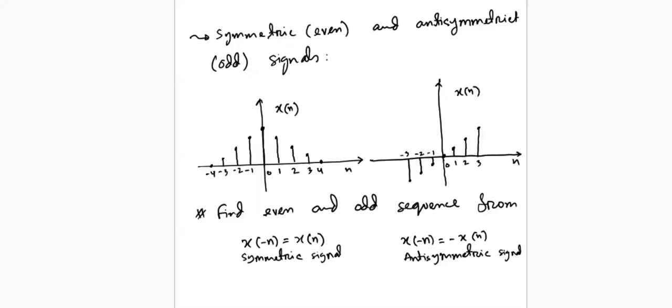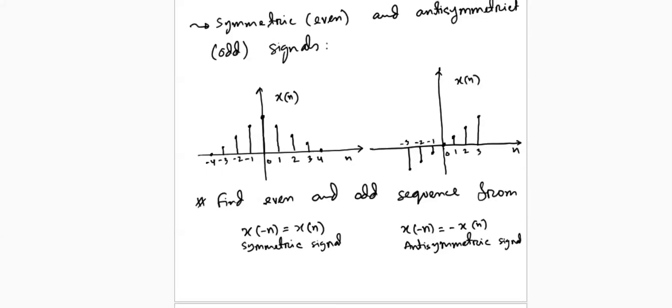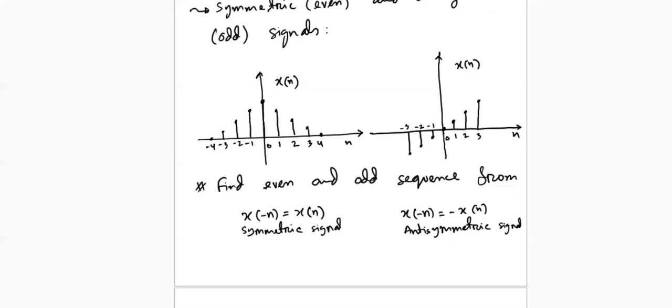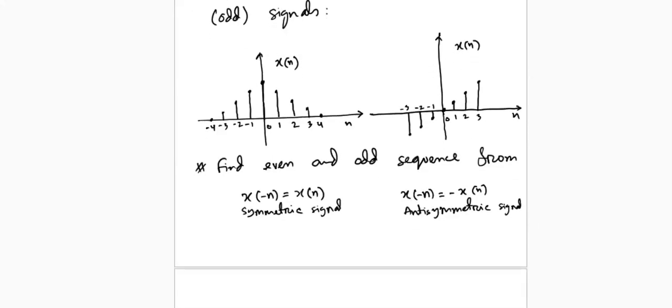So we can represent the signal with even symmetry or with odd symmetry. Even symmetry means a symmetric signal and odd symmetry means an asymmetric signal. I believe you understand this part very easily, as you already have that experience from your last semester.